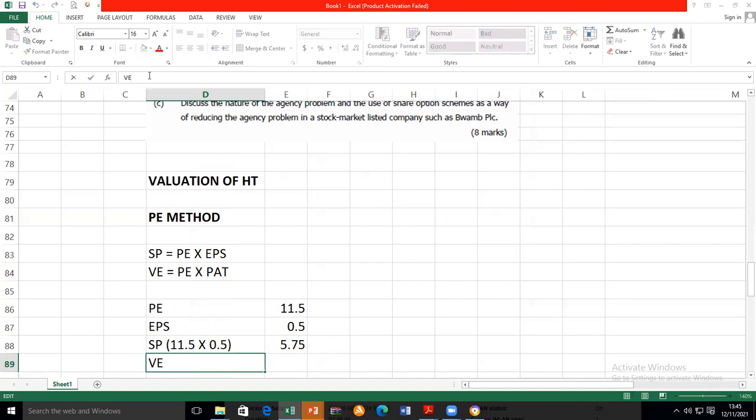The value of equity would be 5.75 multiplied by 6 million.